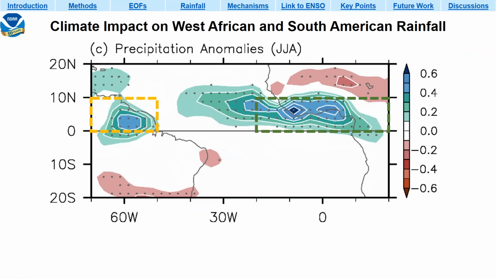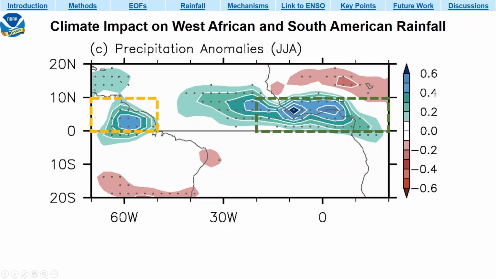Okay, so in the next several slides, I'm going to talk about the climate impact of these four flavors on the West African and South American rainfall. I'm going to show you the time series of the precipitation of this West African region here between the equator and 10° north, from 20° west to 20° east.